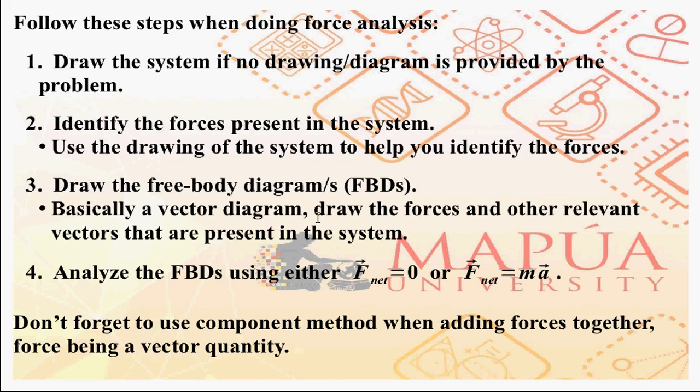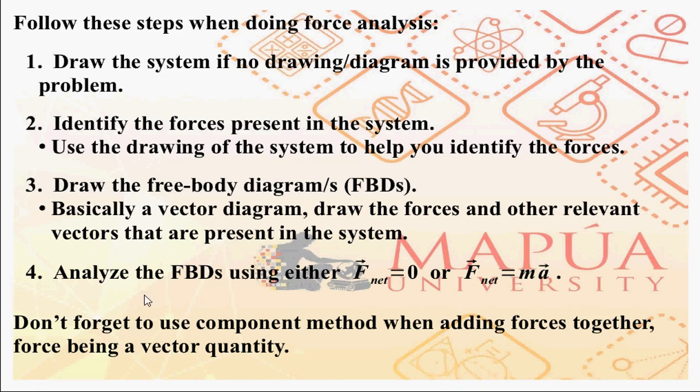If there are 2 objects in the system, then that means 2 sets of free body diagrams are needed. One free body diagram for object 1 and another free body diagram for object 2, and so on.